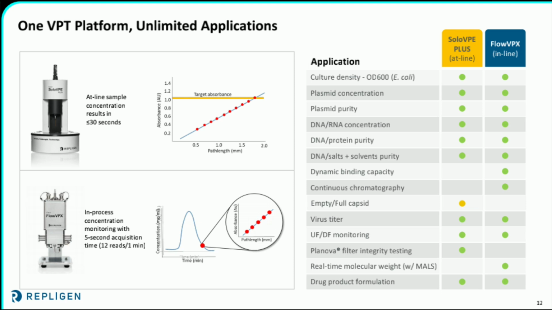On the right you can see the various applications that we have developed and have publications or white papers on, ranging from cell culture density using OD600 through plasmids, mRNA, DNA, MABs, we do ADCs, etc. So almost anything that you would analyze through a normal uv-vis spectrophotometer, you can definitely do with either the Solo VPE or FlowVPX system.